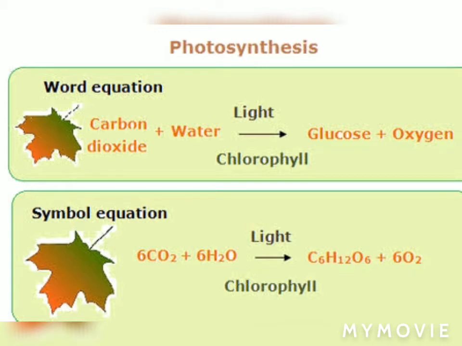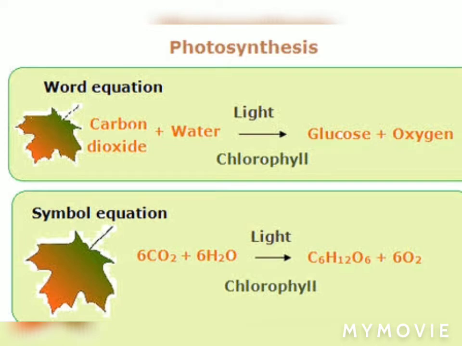So what do we see? We see that the sun is the ultimate source of energy for all living organisms. So who is the ultimate source? The sun is the ultimate source of energy for all living organisms.